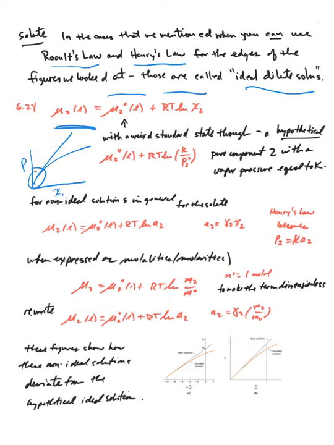The hypothetical standard state is this imaginary, pure version of the solute that has a partial pressure way up at the top equal to the Henry's law constant. So that's the standard state that we mean in there.